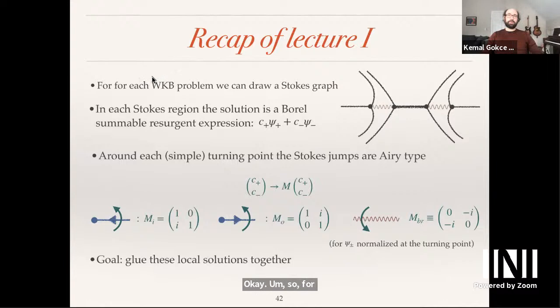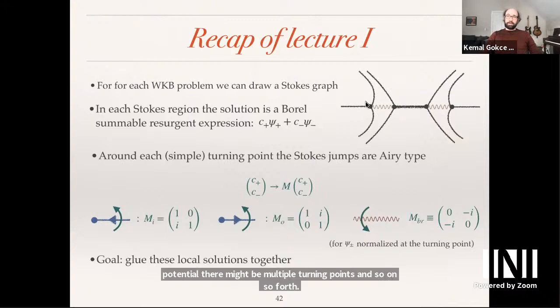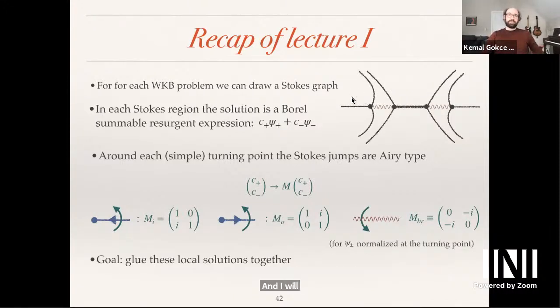For each WKB problem, we can draw a Stokes graph like this, where each of these dots is a turning point associated with the potential. There might be multiple turning points. I also discussed that at each Stokes region, if I can resolve the turning point to a simple turning point, Airy type, it locally looks like this.